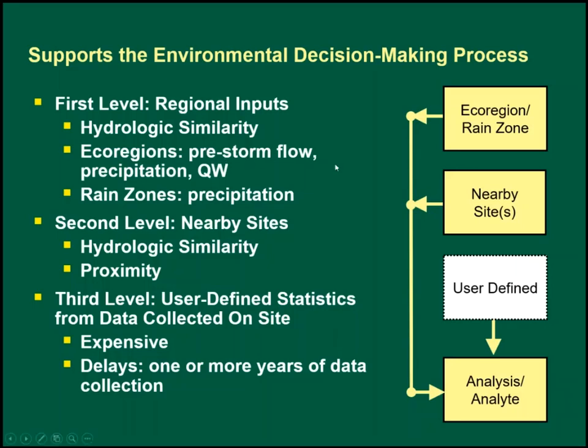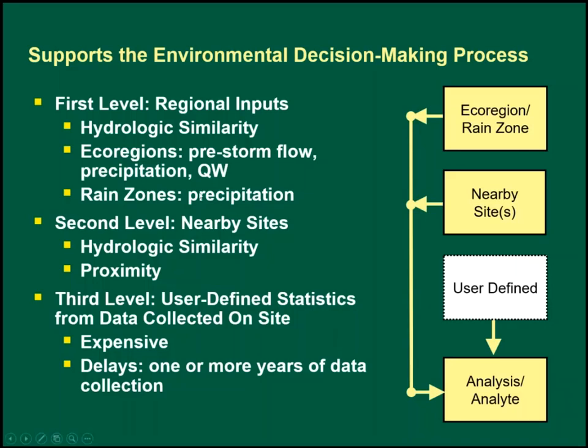So we use ecoregions for pre-storm flow, precipitation, and water quality. And we can use EPA rain zones for precipitation. So you can come in not knowing much about the area or the site of interest, and you can get these regional estimates really quick.